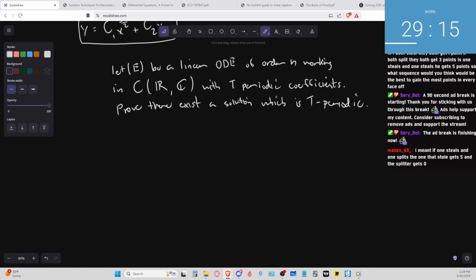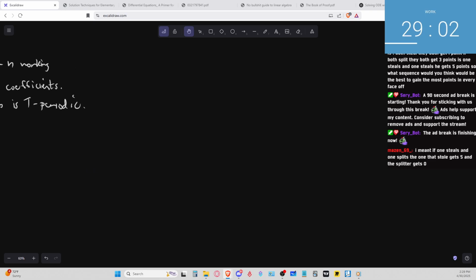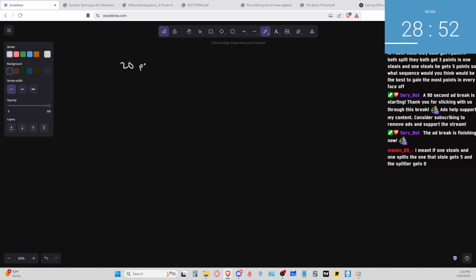I meant if one steals and one splits, the one that stole gets 5 and the splitter gets 0. Okay, so let's move this over here on the side. 20 people, 2 per group, and 200 rounds.